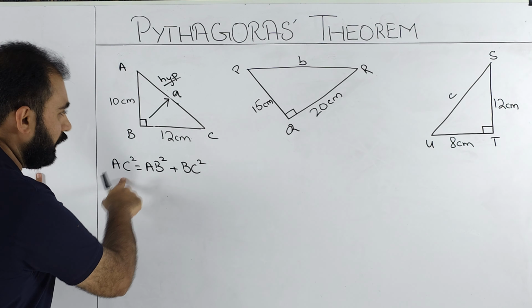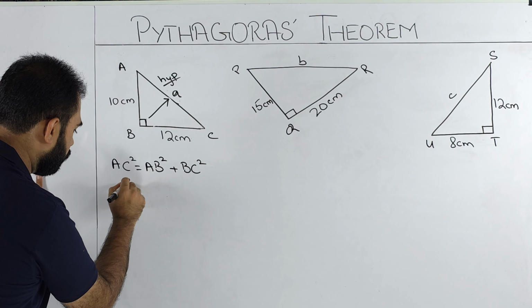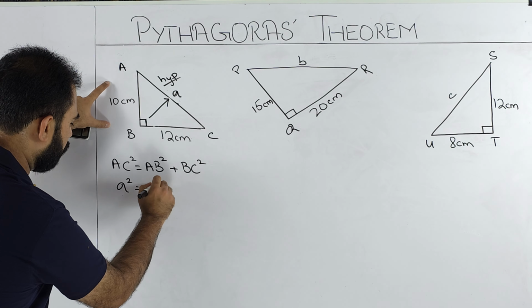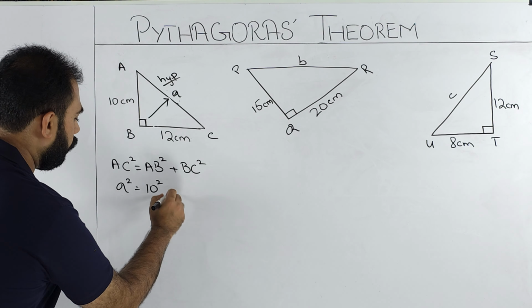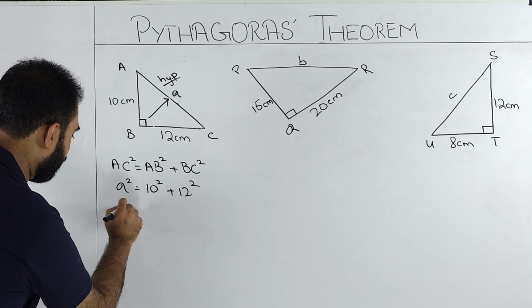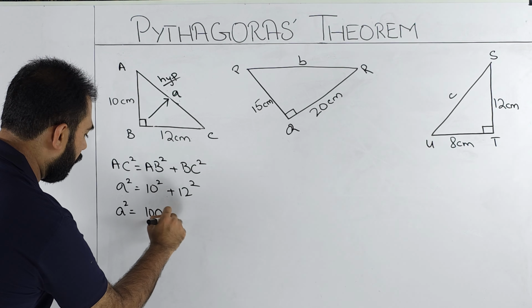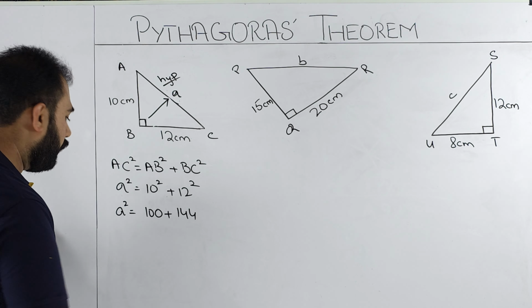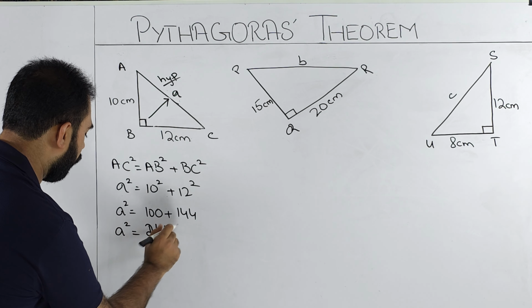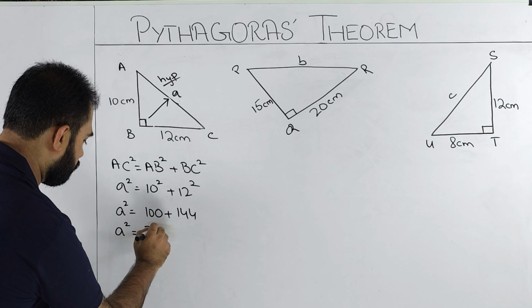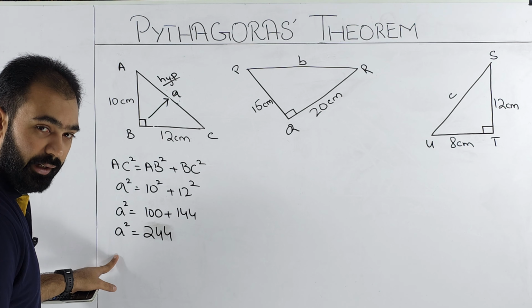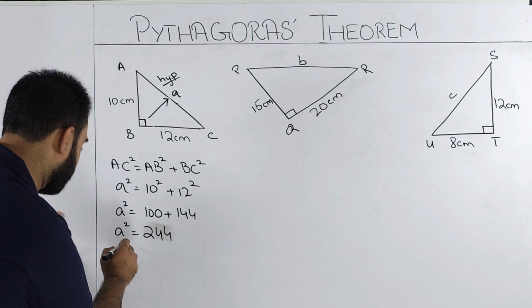Now, AC squared is what we want to find, AB is 10 centimeters, so 10 squared, and BC is 12, so 12 squared. So, AC squared is equal to 100 plus 144. AC squared is equal to 244. To find the value of AC, I need to apply square root on both sides.